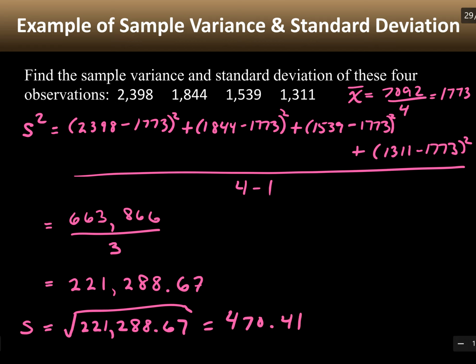If these were all in dollars, then the variance would be dollars squared, and then the standard deviation would bring it back to dollars. And that's one of the advantages of using the standard deviation in practice.